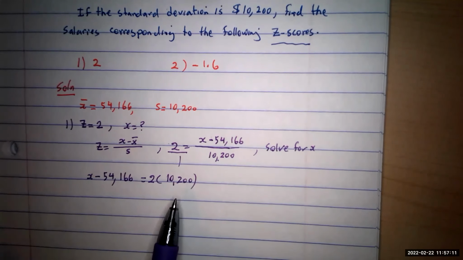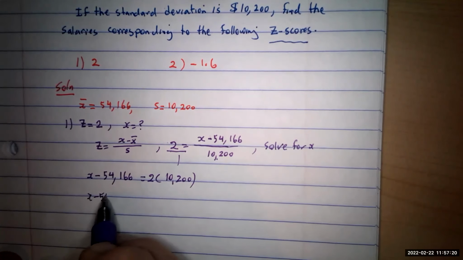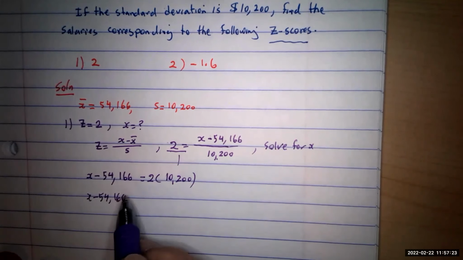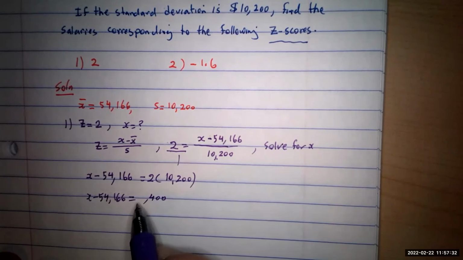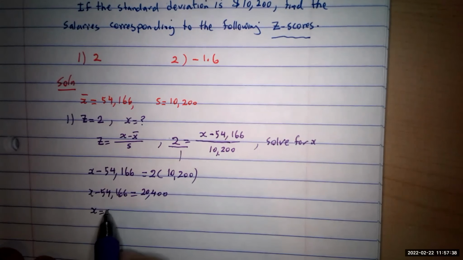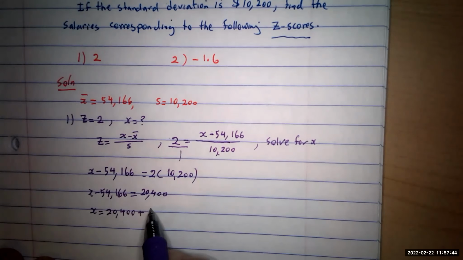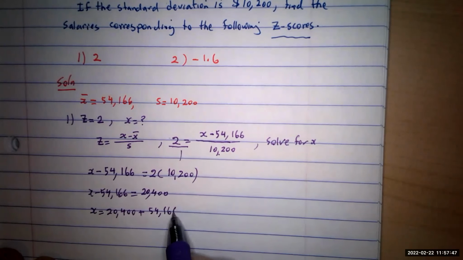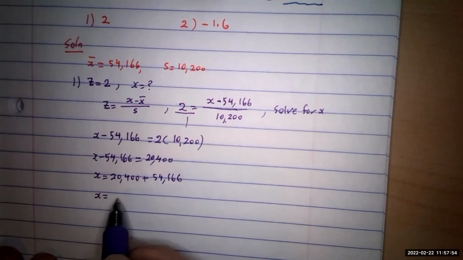So x minus 54,166 is equal to 20,400. So add 54,166. If you add them together, that gives you the salary that corresponds to that number.